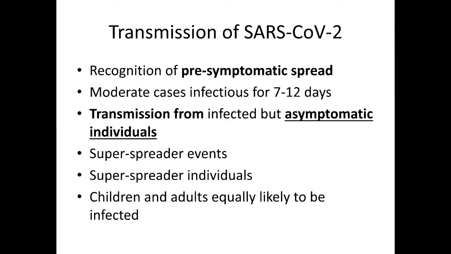But we also learned that there was transmission from infected but completely asymptomatic individuals. We also learned about super spreader events, like choir practices and large gatherings and parties and sporting events. And we also learned, even though children didn't seem to have a lot of infection, that they were actually equally likely to be infected as adults.